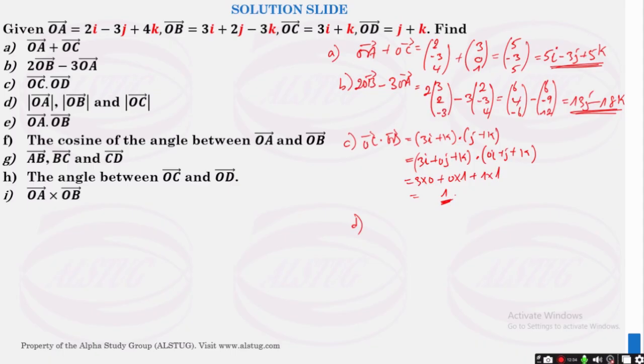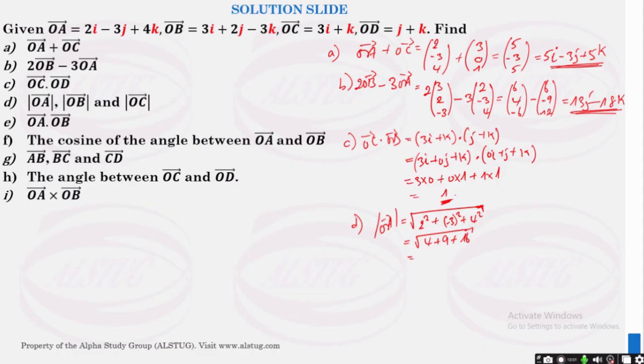Question D. We have the magnitude of OA. Of course, for the magnitude of OA, we are going to end up with the square root of 2 squared plus negative 3 squared plus 4 squared. This will give us the square root of 4 plus 9 plus 16.